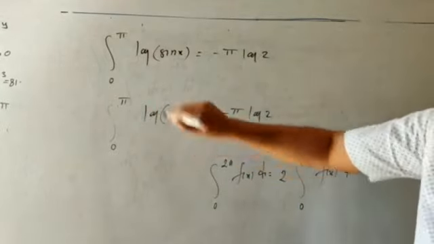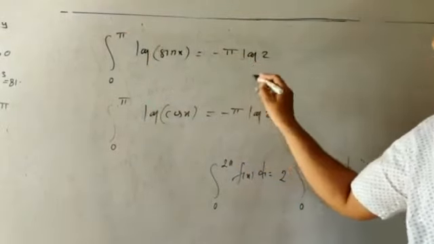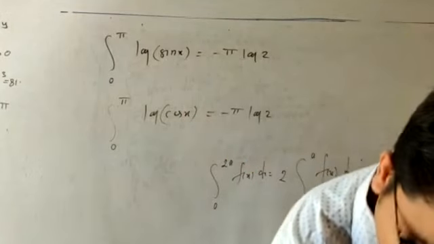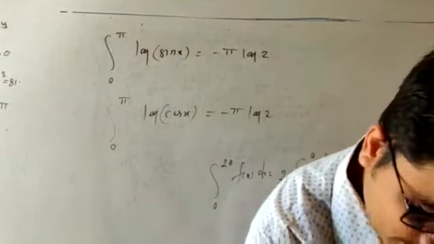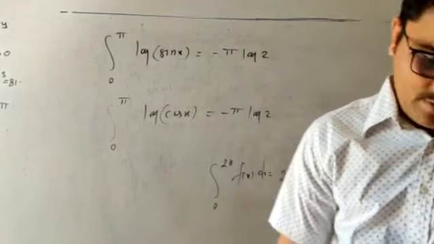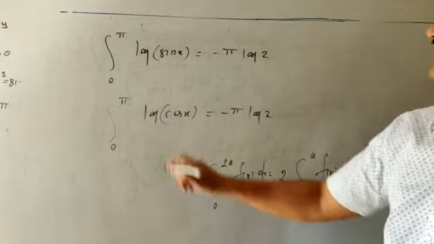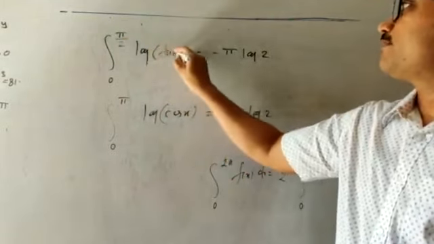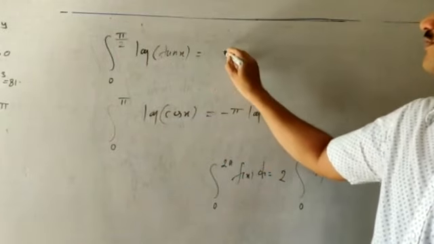Is the difference clear? If it is pi by 2, there is pi by 2 here, and if it is pi, then it will be 2 times. Same is the question when it is log of tan x. If it is 0 to pi by 2, log of tan x, this answer will be 0.